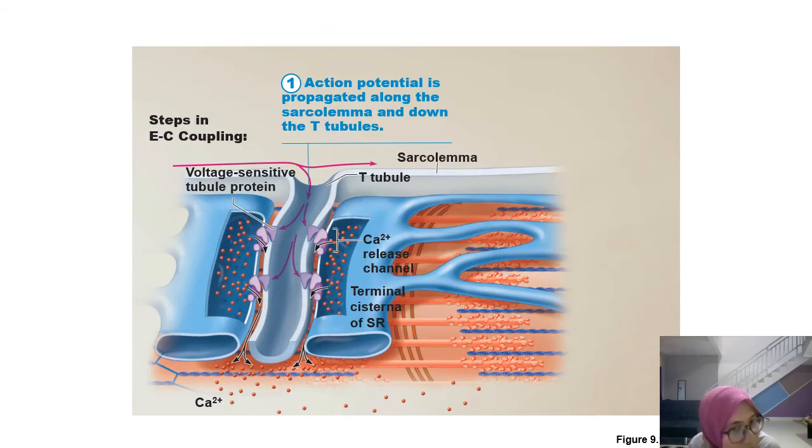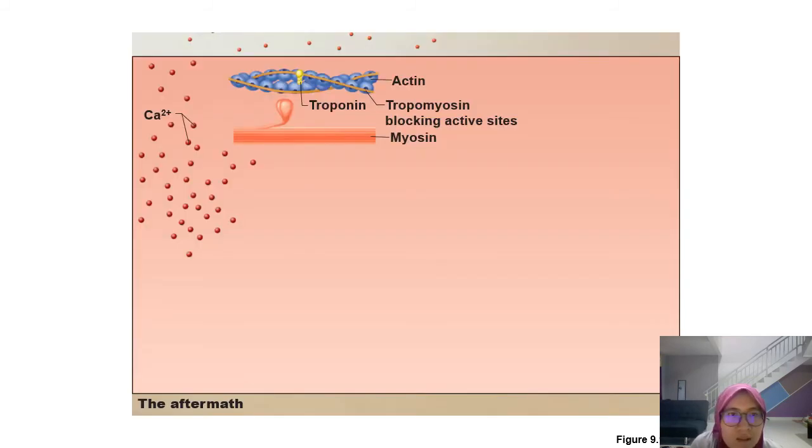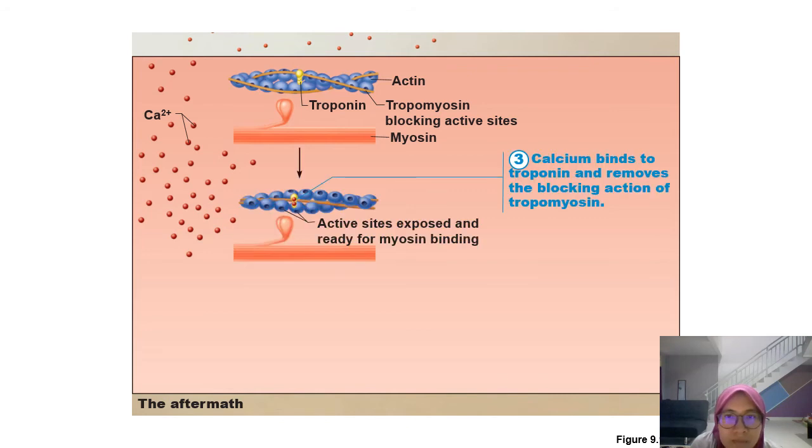Okay, we see a bigger picture here. Step 1 in excitation coupling. Excitation coupling: when the action potential is propagated along the sarcolemma and down into the T tubule, it causes the calcium ion to be released. Then the calcium binds to troponin here, and removes the blocking action of the tropomyosin.